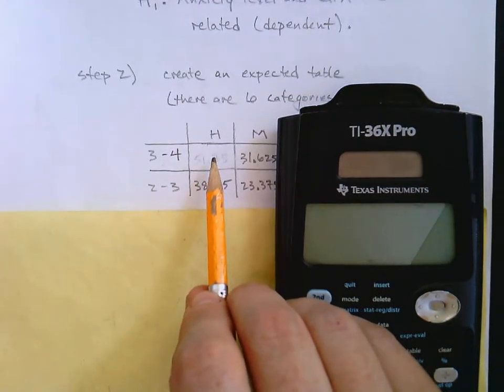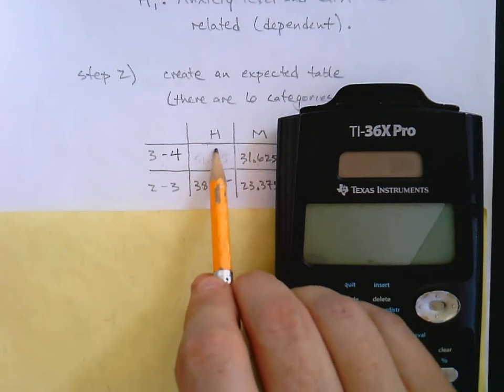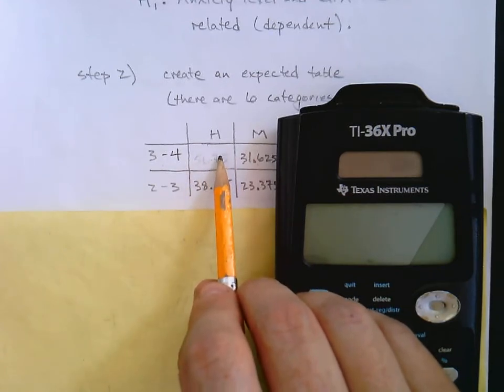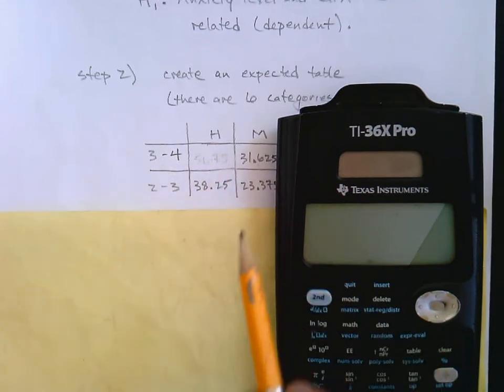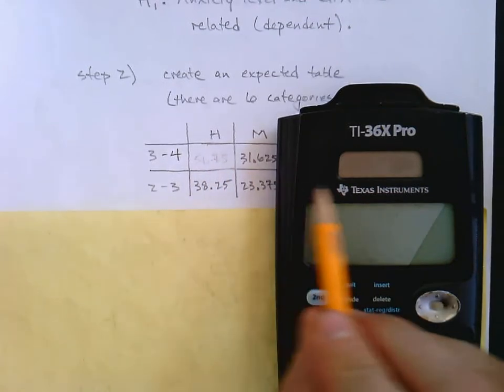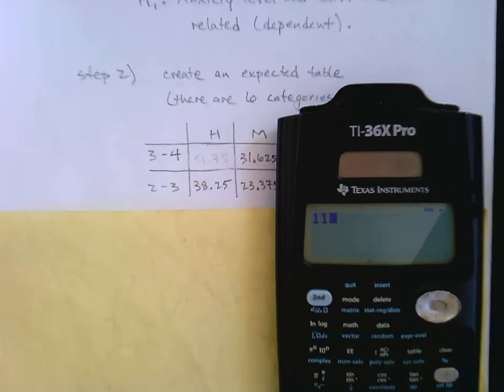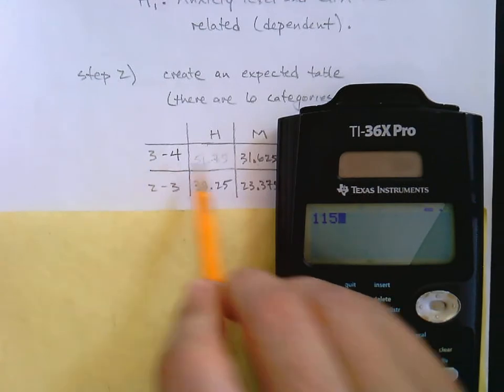All right, so find this location in the table they give us, right? High anxiety and GPA between 3 and 4. So we're going to look at the row total. The row total is 115, right? That's the total number between 3 and 4 GPA.